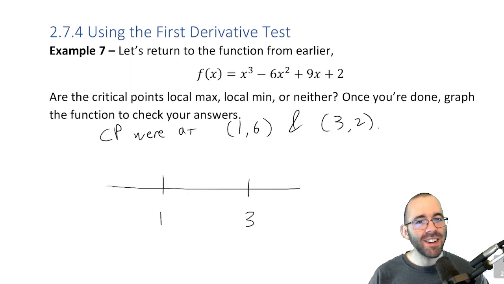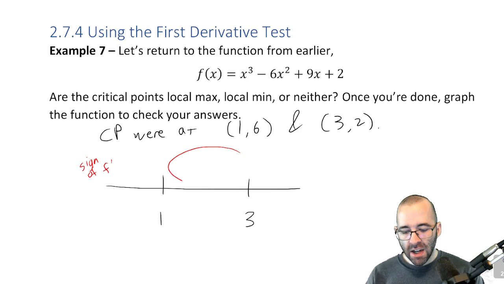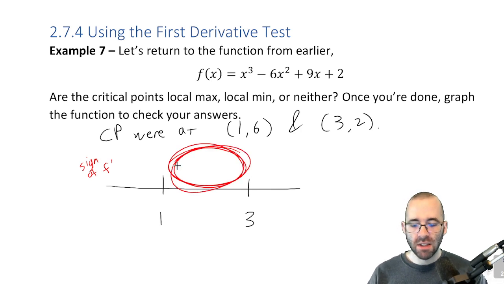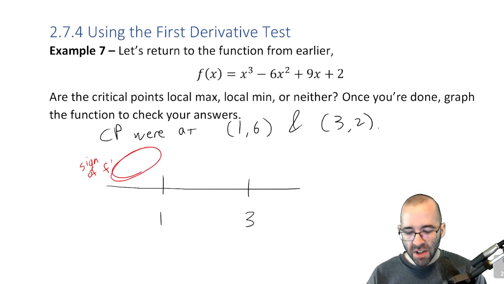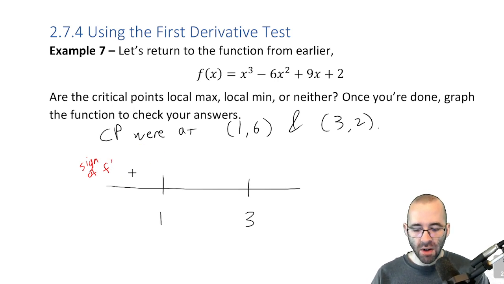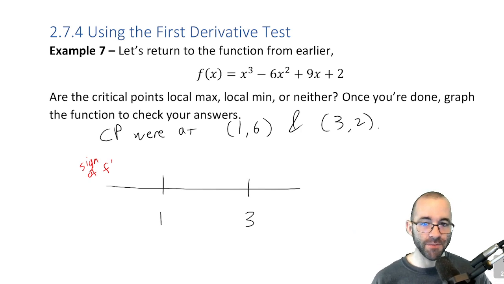So what we're going to do is find out, what does f prime look like in each interval. So we want to find out, is the function increasing or decreasing in this interval? Is the function increasing or decreasing in this interval? And is the function increasing or decreasing in this interval? And we'll have a very similar picture to the example in the last video.